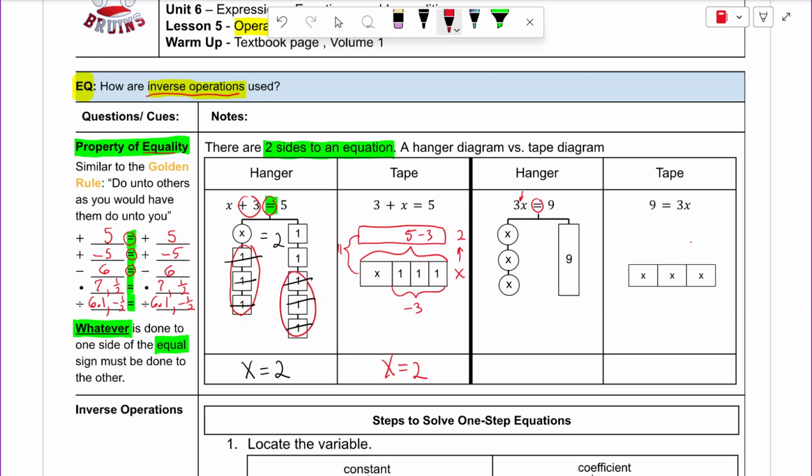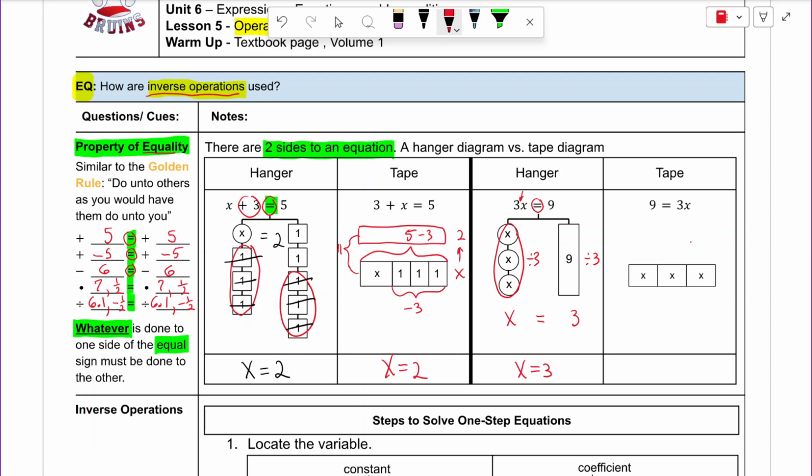So if we're going to divide this side by 3, let's circle all these, divide by 3, then we're going to have to divide this side by 3 as well. And 9 divided by 3 is 3, and 3 x's divided by 3 is only 1 x. And you can see the answer is x is 3.